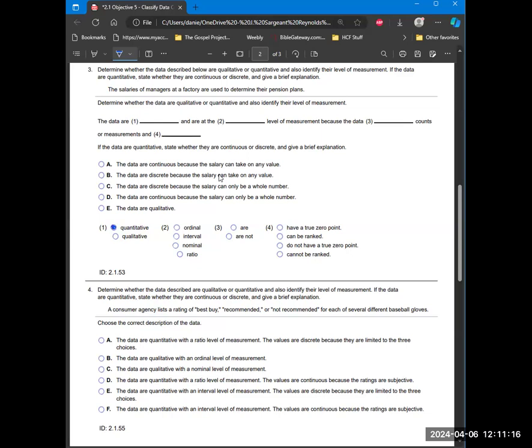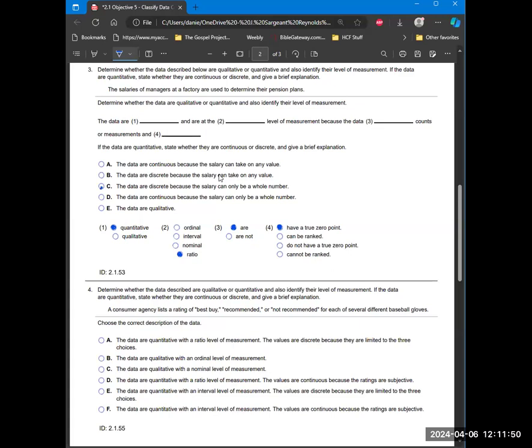They have a true 0 point, and we could be talking about any fractional amount or percentages or things like that, or ratios would be applicable, and they are counts. We're physically counting there, or measures, and they do have a true 0 point, so that makes them ratio. And that would be C.